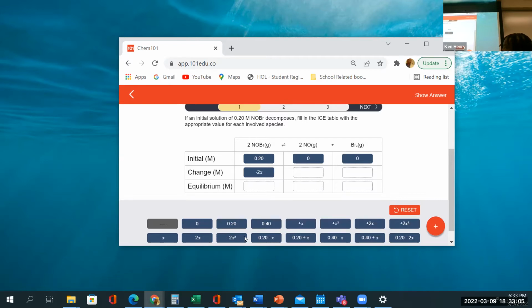Put on the right hand side. X plus x. Oops, there's plus x. And then it's going to be 0.20 minus 2x. 0.20 minus 2x. Right here.